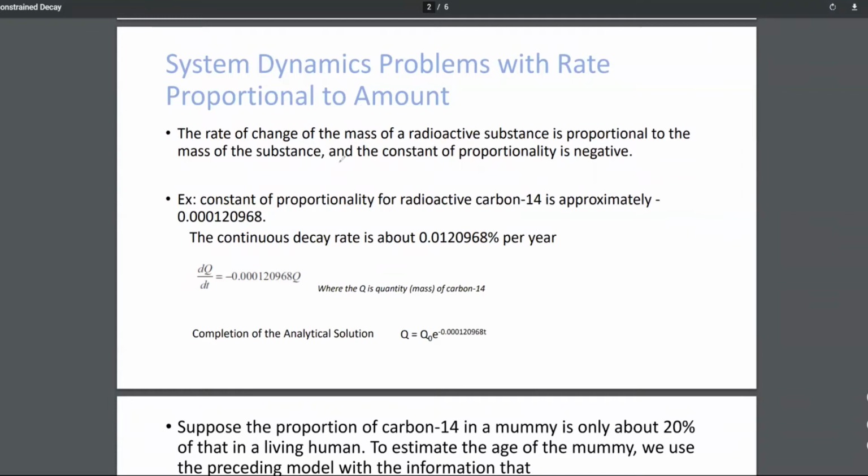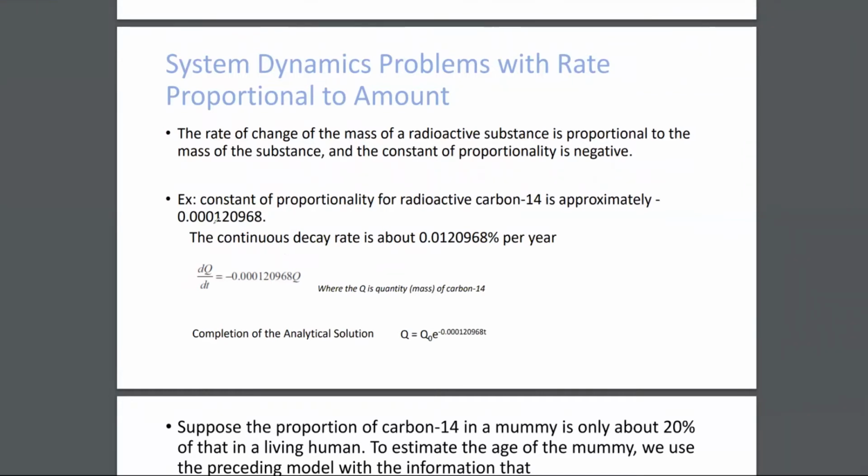So here it is. In this one it says the constant of proportionality of radioactive carbon is approximately this much, right? What does this mean? Well, this means the decay rate per year, so how much decays per year as a percentage. How did I get these extra zeros here?